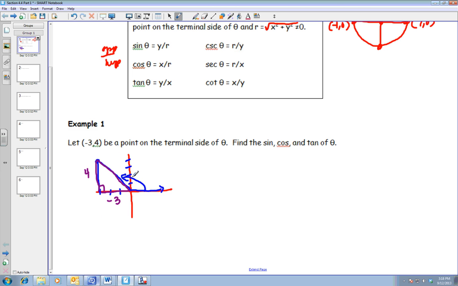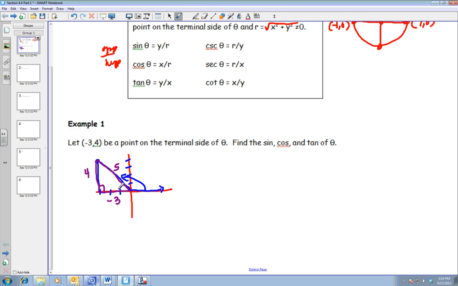This third side happens to be the hypotenuse, or the radius of this circle now. Okay, if I were to draw in my circle, my hypotenuse now, or my radius, is 5. All right, so I have a 3, 4, 5 triangle, and now that's all the information I need in order to find sine, cosine, and tangent.